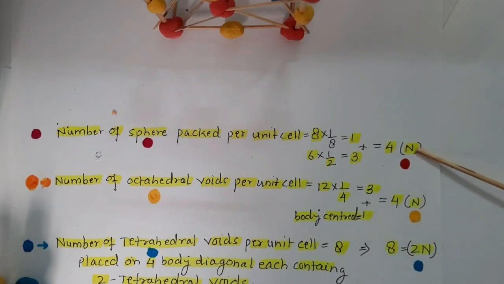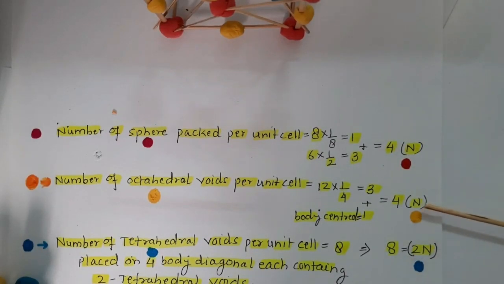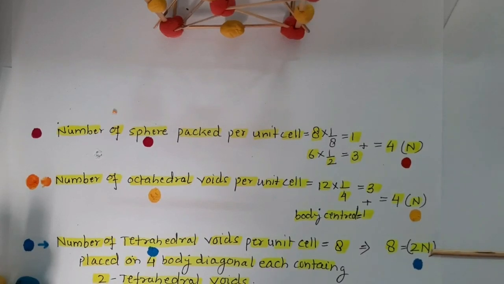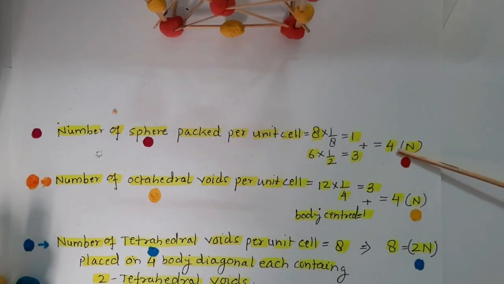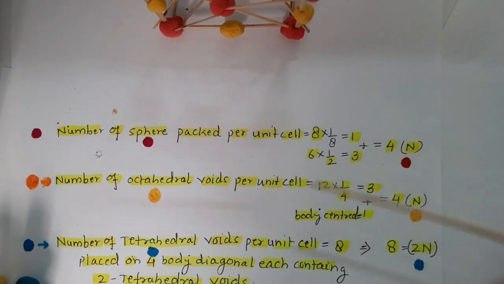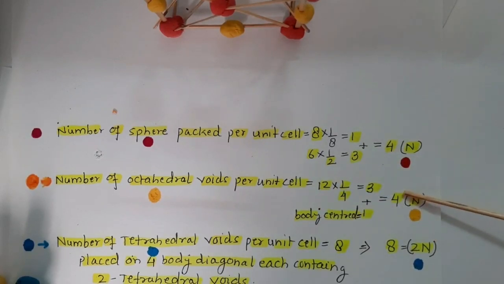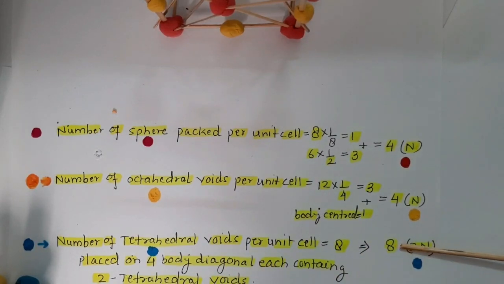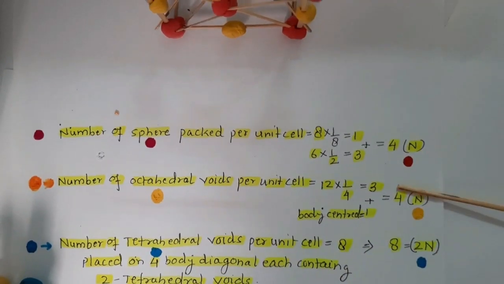It means if n spheres are packed together, the number of octahedral voids formed will be equal to n, and the number of tetrahedral voids generated will be equal to twice n. Here the number of spheres packed per unit cell is 4, the number of octahedral voids formed per unit cell is equal to 4, and the number of tetrahedral voids generated per unit cell is equal to 8. Thank you.